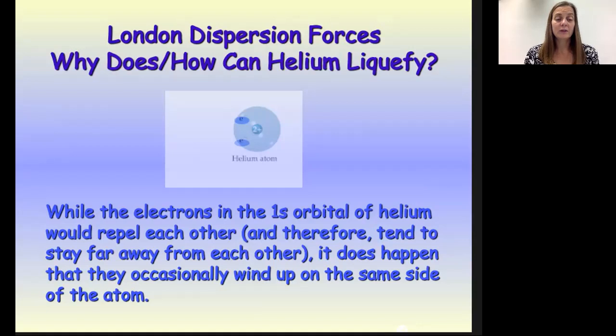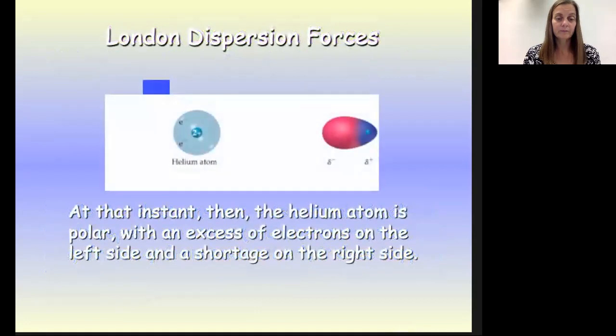Normally, the two electrons in helium spend time in opposite sides of their orbital. But occasionally they both wind up on the same side. And when this happens, we wind up with a temporary dipole because we have the two negative electrons on one side and nothing on the other to balance the positive charge. So we get a temporary dipole, as we see illustrated here.